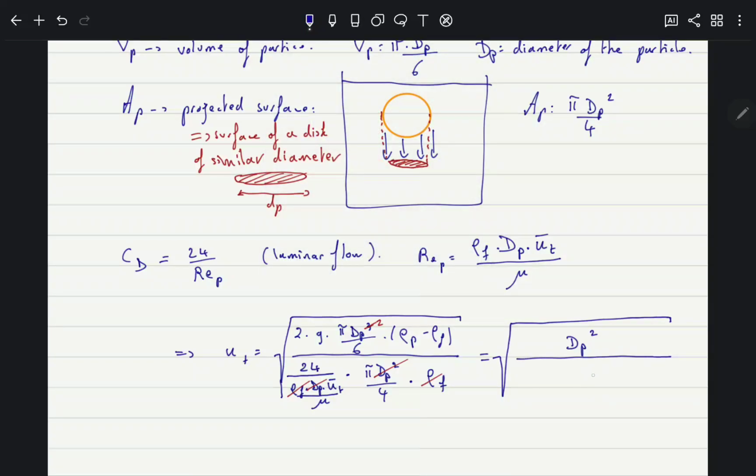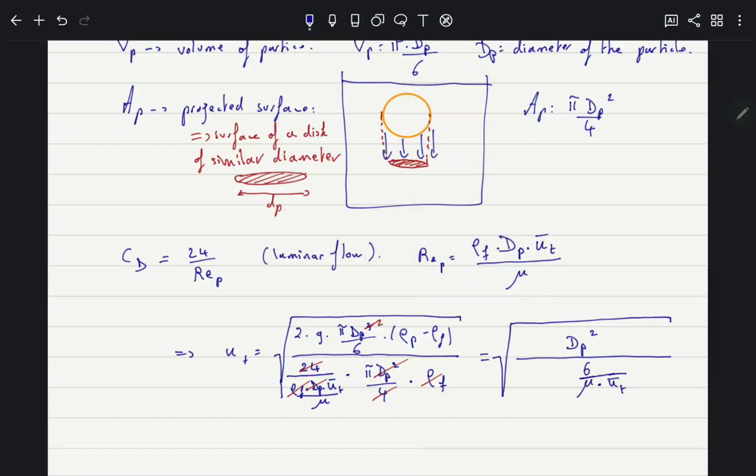And let's not forget that we also have our ut right there. So we've taken care of these terms already.